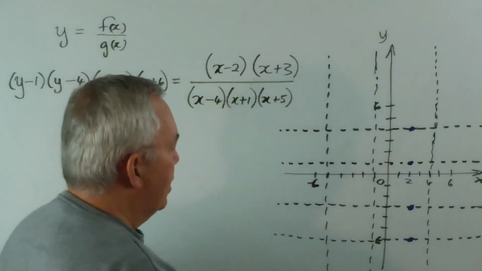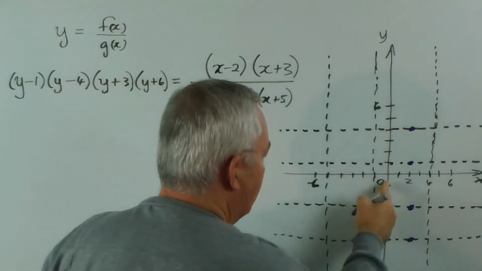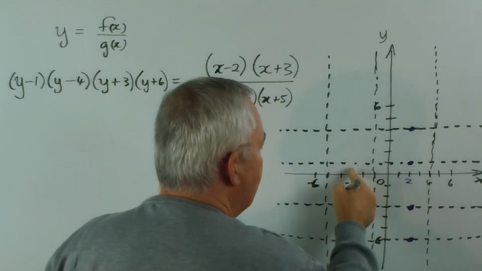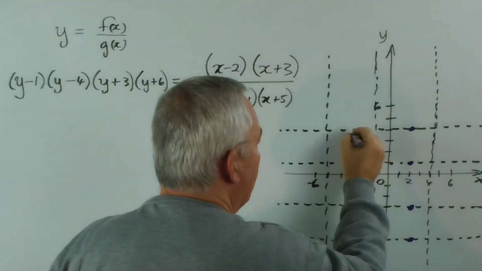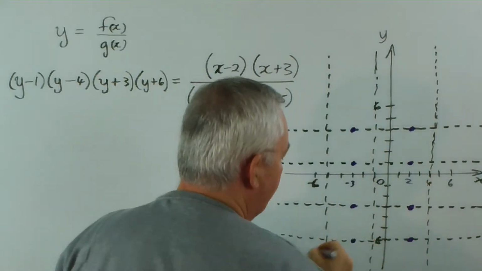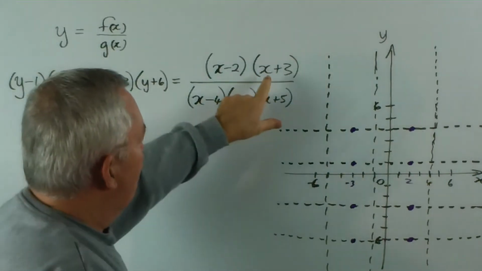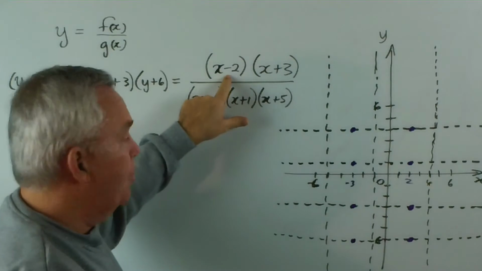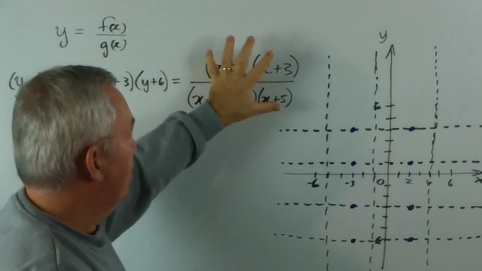We've got another point at minus 3. Where are we? 0, 1, 2, minus 3. And similarly, when x is minus 3, we get a 0 here, and I don't care what this is worth, anything times 0, this will be 0.